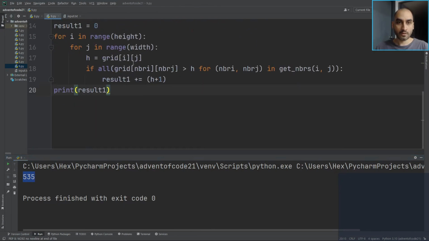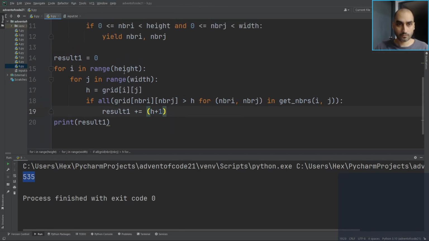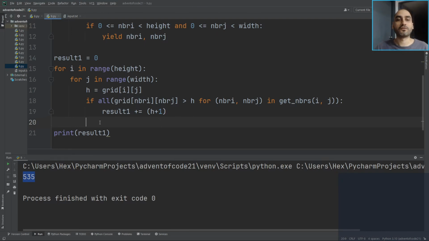So when we found a trough, that basically identifies a basin. But we want to find how many elements are in that basin. So at this point, i and j is a trough.